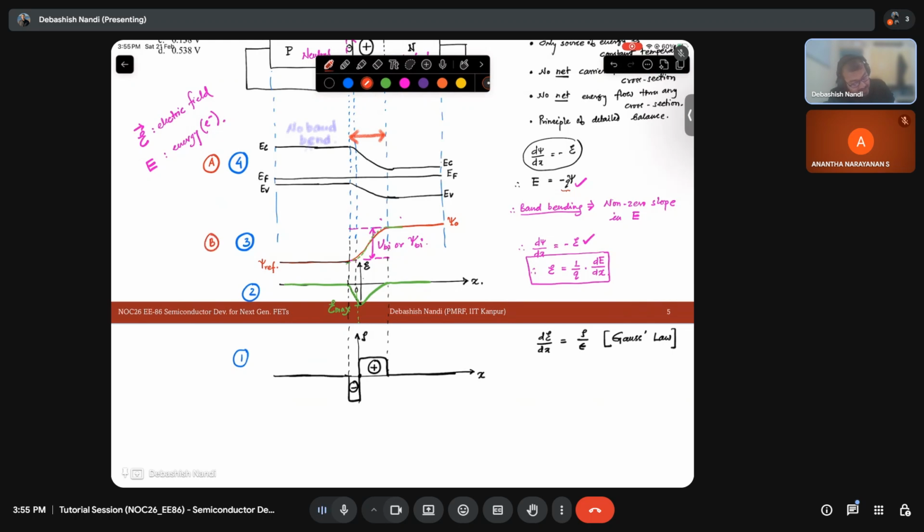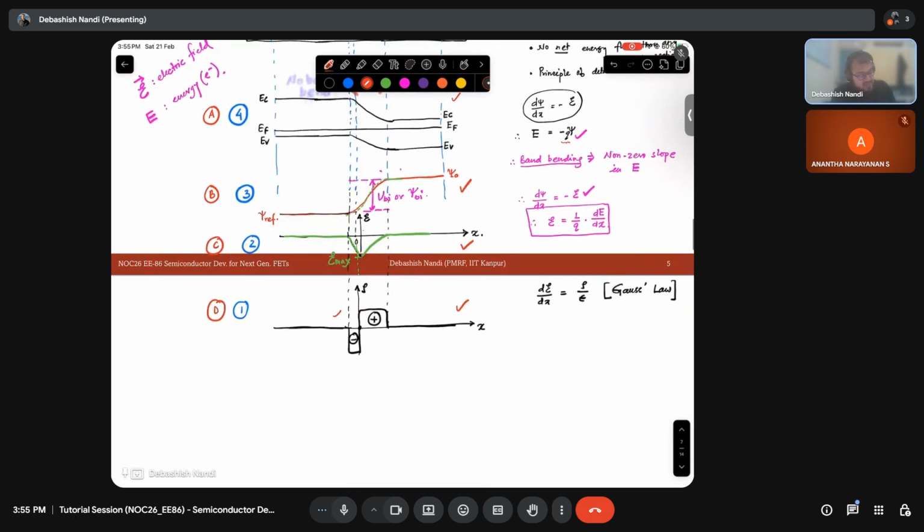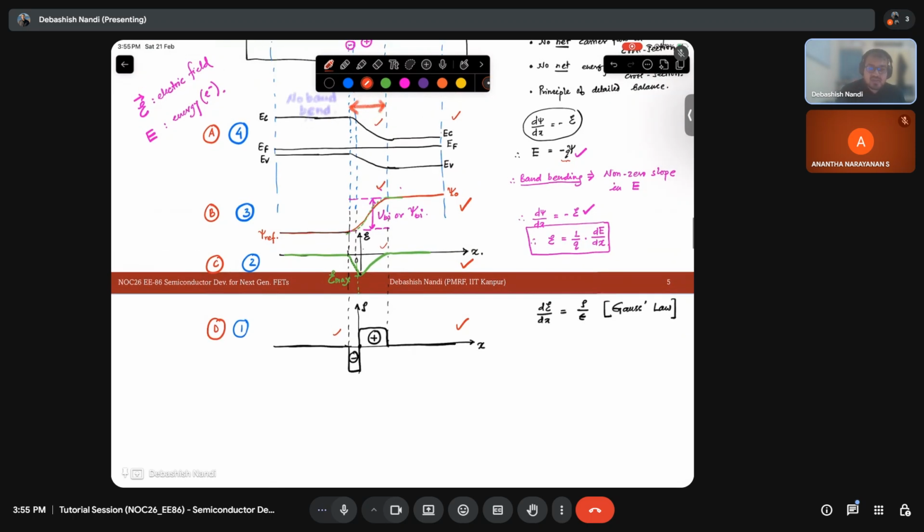If you have all the concepts in place, you can start from the energy band diagram, draw the potential profile, electric field profile, and then the charge profile. Or otherwise you can assume full depletion and start with this as well. Start with this, then integrate, plot this, integrate, plot this, and just revert, you get the energy profile. Is that okay?